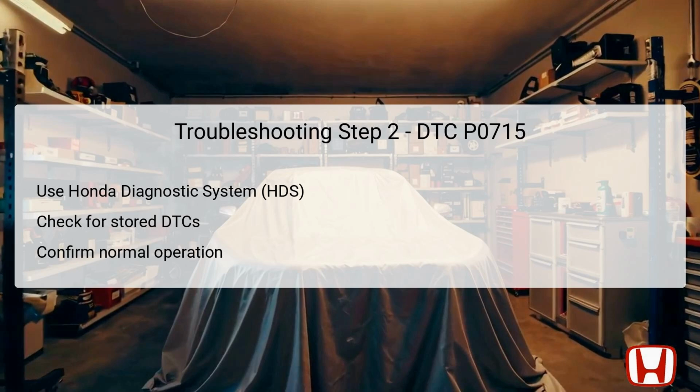The HDS provides real-time data about sensor inputs and system operation, allowing for accurate diagnostics. If no other codes are present and normal sensor operation is confirmed, further investigation into the physical components may be warranted. This diagnostic step is essential in isolating the issue and allowing for targeted repairs.